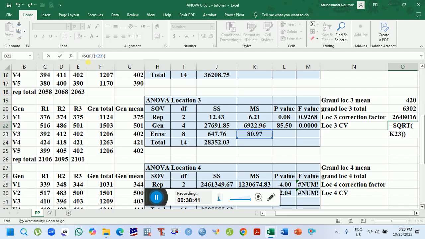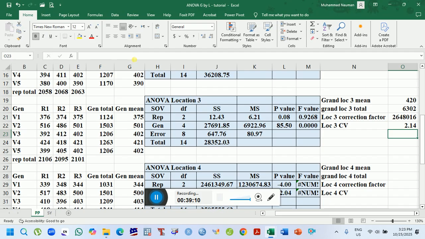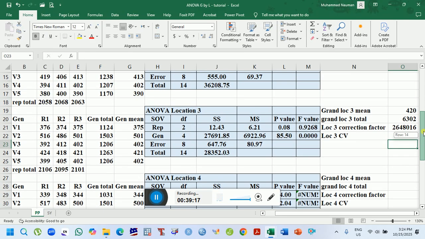Again whole term in one bracket. Divide by grand mean for this location. Again multiply by 100. It is 2.14%. The model is efficient and correct, giving the correct percentage.